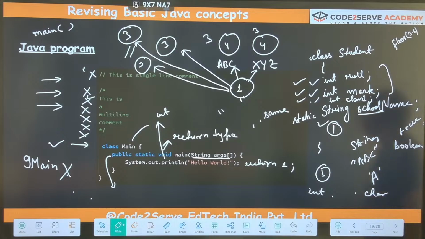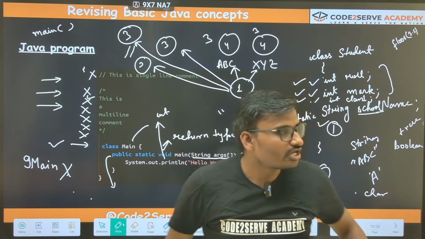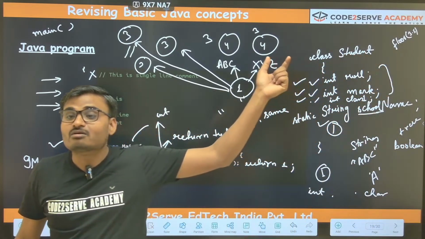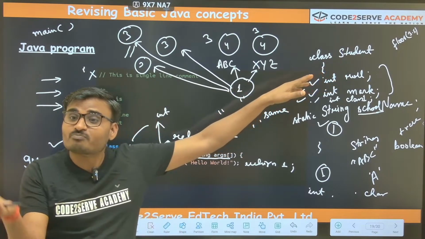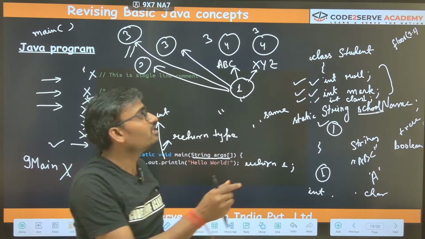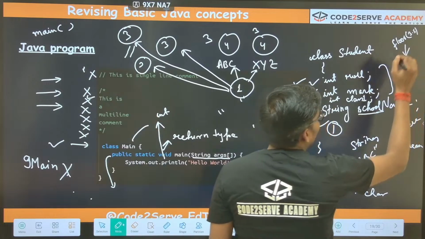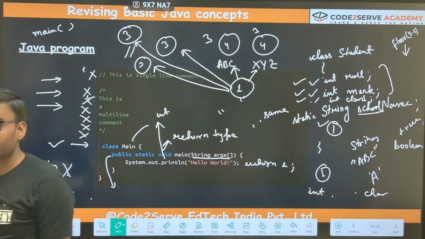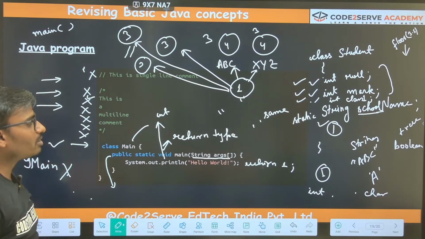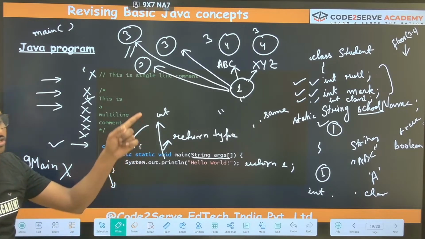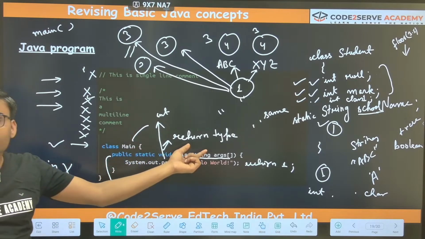So here you are passing some arguments. Where you are passing, this is called the actual argument. You will learn about this in upcoming chapters. This is called the actual argument, and this is called the formal.